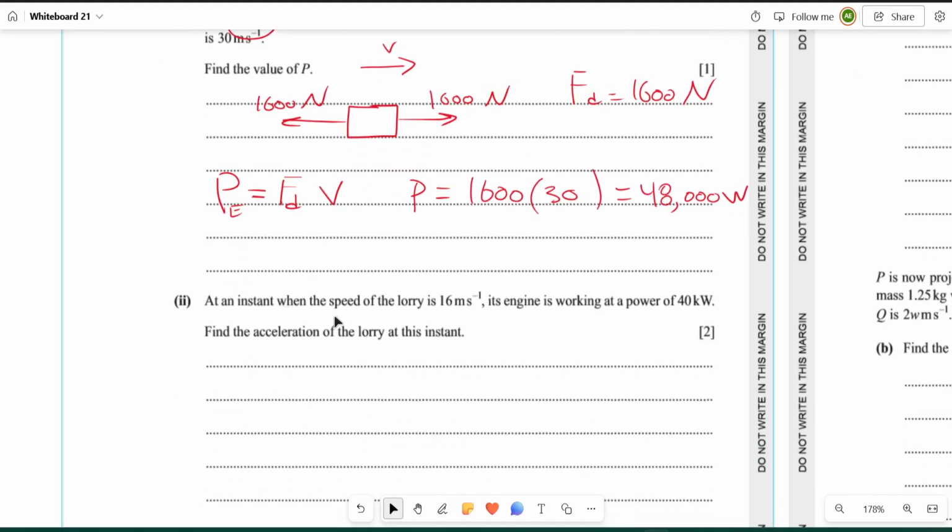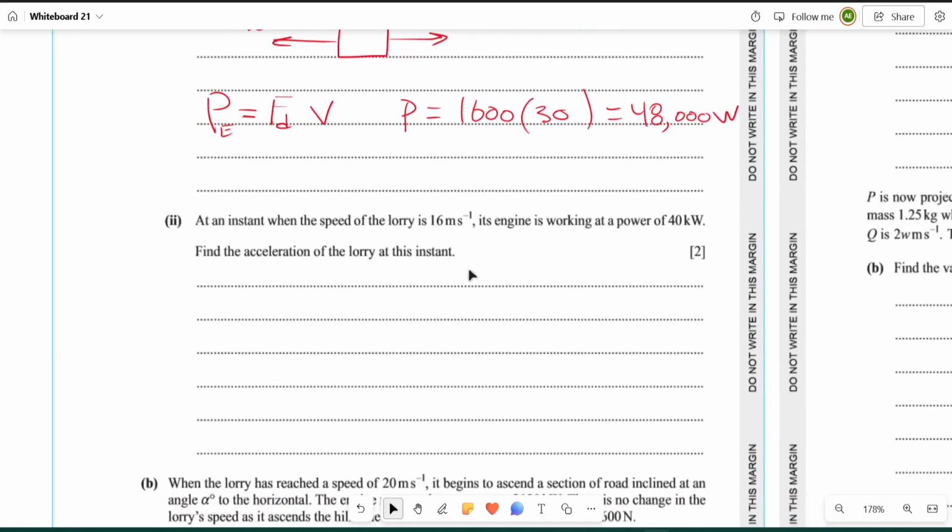At an instant when the speed of the lorry is 16 meters per second, its engine is working at this power. Find the acceleration of the lorry at this instant. Okay, so now we're accelerating. We're no longer moving with a constant speed. I know that power equals driving force times velocity, so FD equals power over velocity.